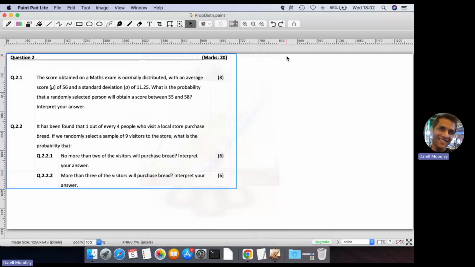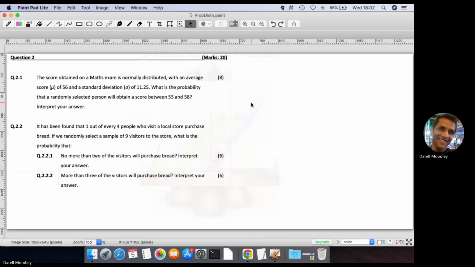All right, so I'm going to revise this learning unit by looking at a question from a past year paper. Let's look at the question on the left. You can ignore what the numbers are exactly, but the first question, 2.1: the score obtained on a maths exam is normally distributed with an average score mu of 56 and a standard deviation sigma of 11.25.